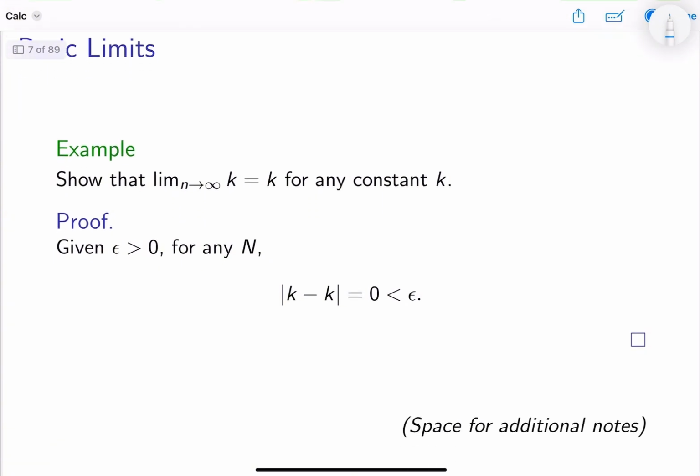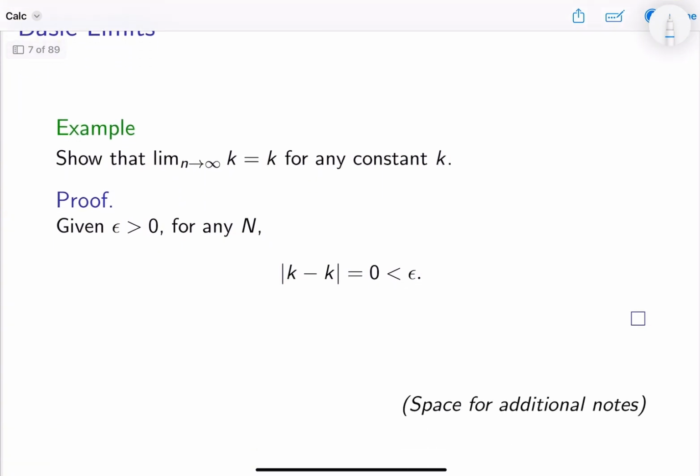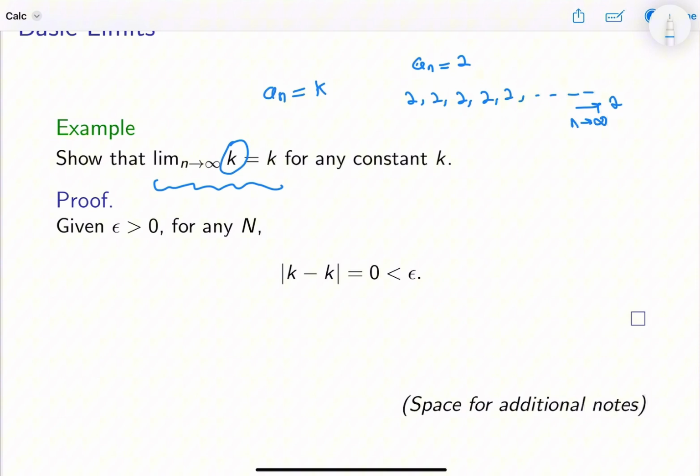And the next thing that we did was that we proved this limit. We proved that if you have a sequence that is a constant, let's say an is just the constant 2, then you have 2, 2, 2, this is the sequence, right? It's just a list of 2's. Then where is this sequence going? Well, intuitively it's going to 2 as n tends to infinity.